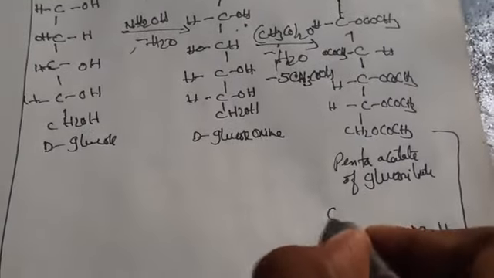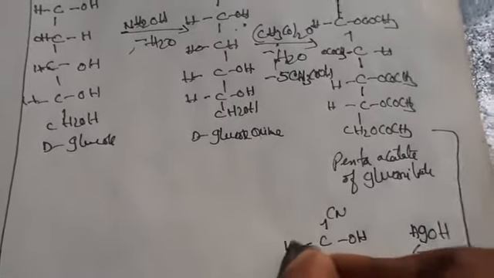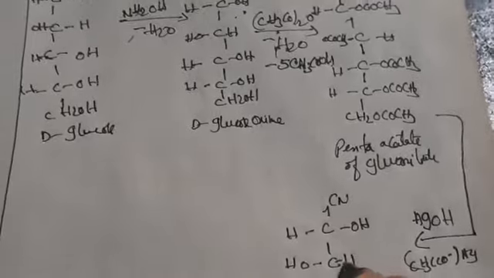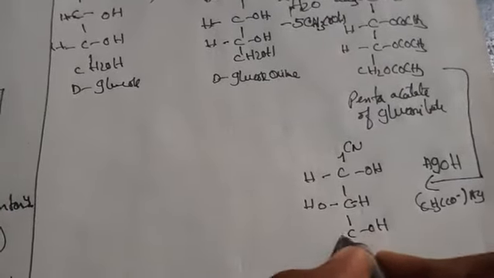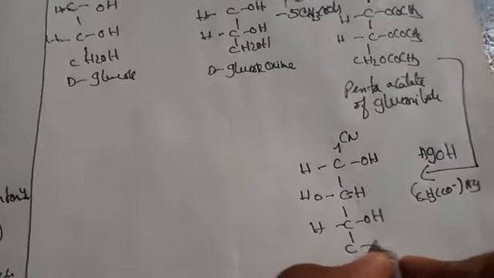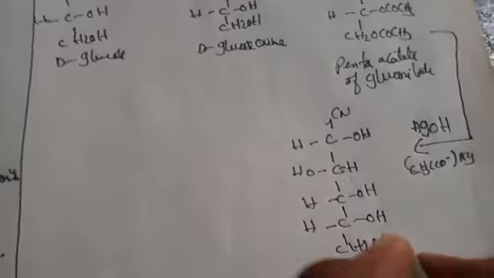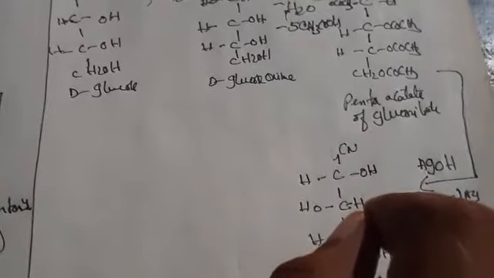The CN will stay like that only. So COH, H, COH, H, COH, H, COH, H, CH2OH. What is it forming? A cyanohydrin.